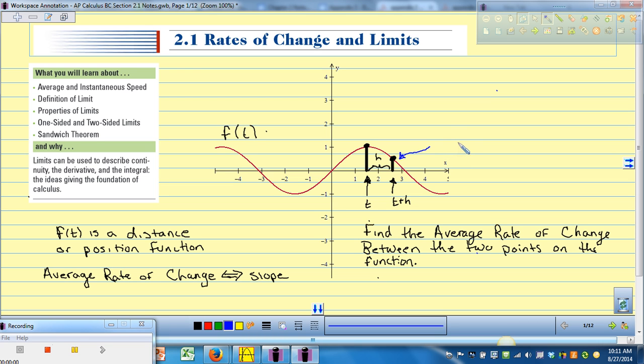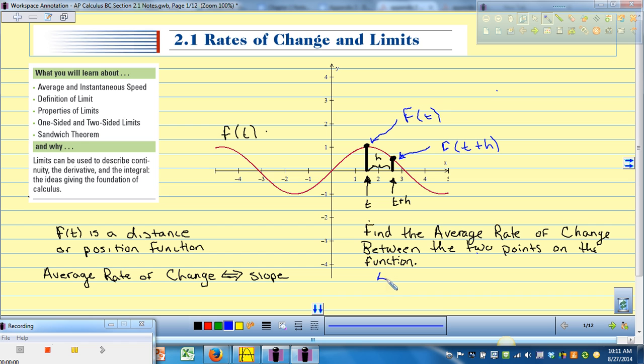If the function is f of t, f of t plus h. And this one, which is the f of t. All right, and our x's are our t and t plus h, obviously. So if I needed to find the average rate of change between these two, what would I write?